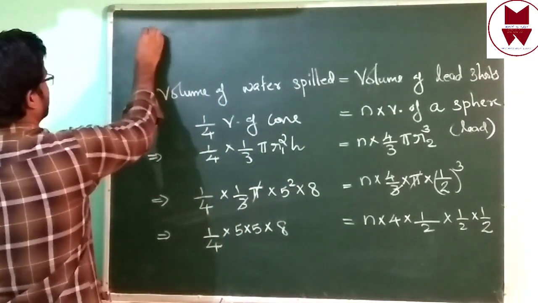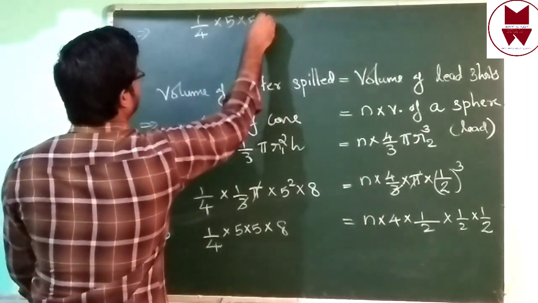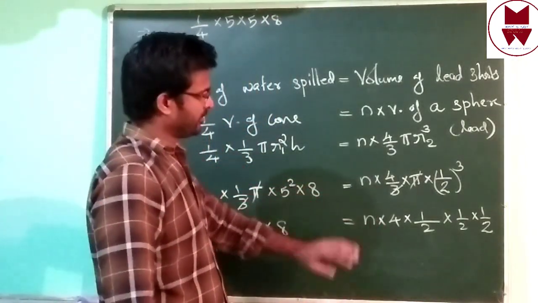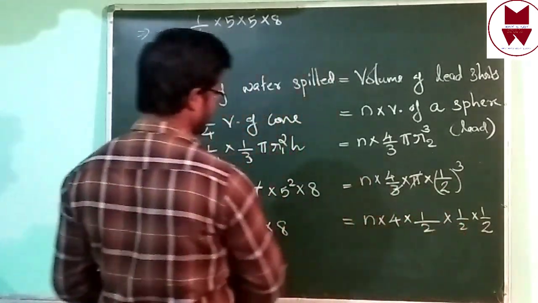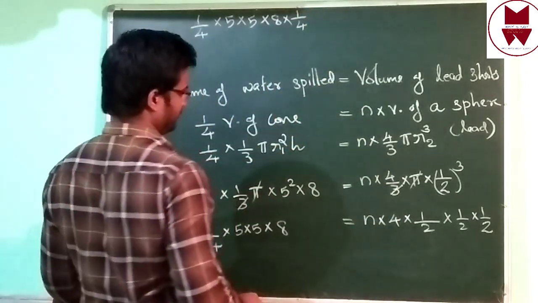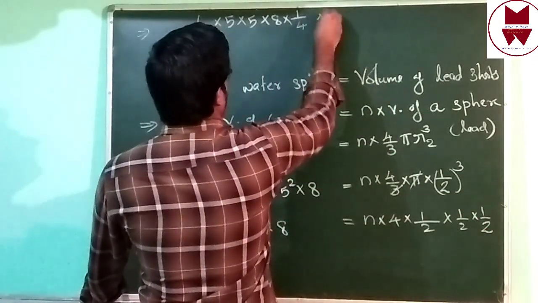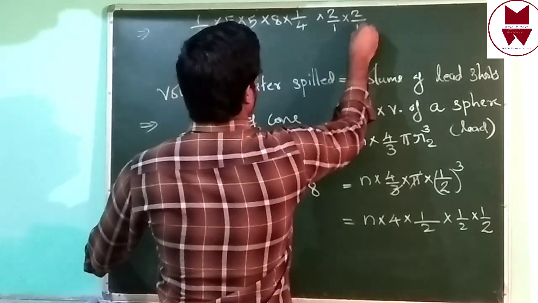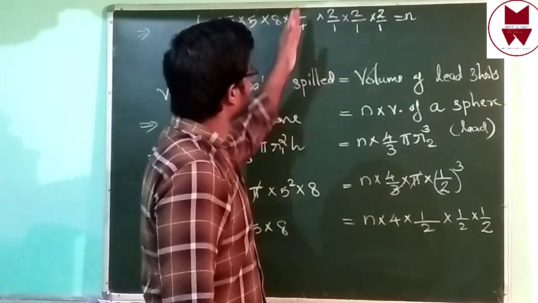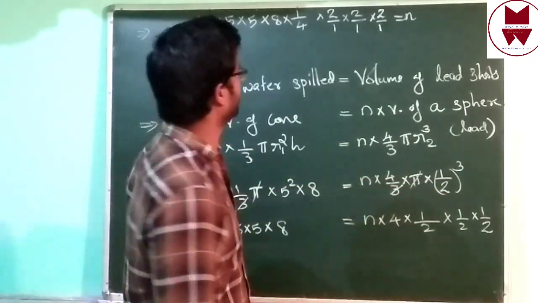Keep n here because we want to find the number of lead shots. The remaining numbers bring to the left side. 4 becomes 1/4, and 1/2 becomes its reciprocal 2/1, 2/1, 2/1, equal to n.